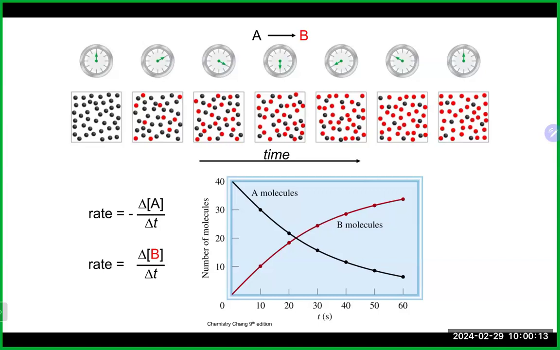But here we can see if our A is the black circles and our B is the red circles, initially it's pretty much all reactants. And as time goes on, we start to see some appearance of our red and also a disappearance of our black circles, which means, again, our reactants are coming down and our products are coming up. We also see graphically that at pretty much time 0, we have no products.